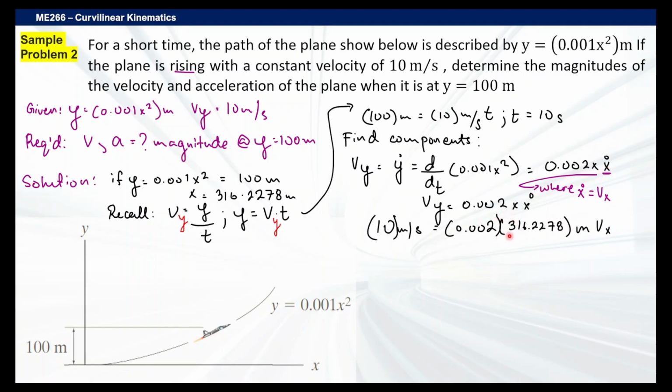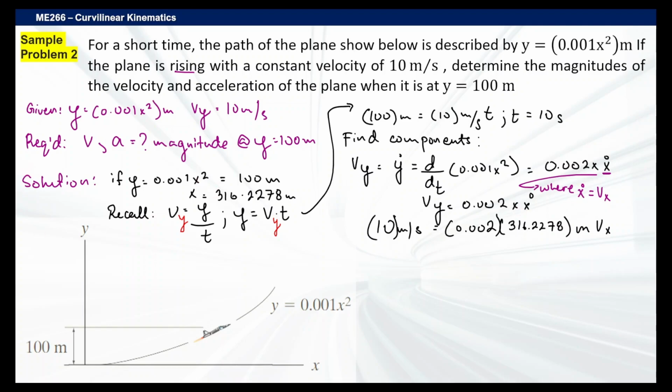And then where's x dito? X is 316.2278 meters, which is the kuha natin initially here, times the first derivative of position x, which is also equal to Vx as stated here.